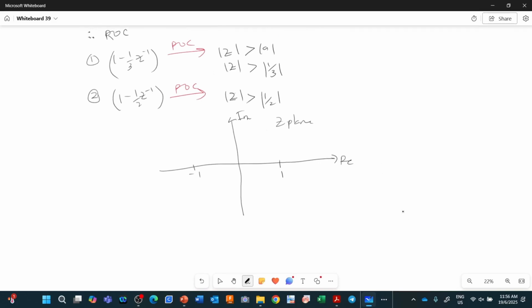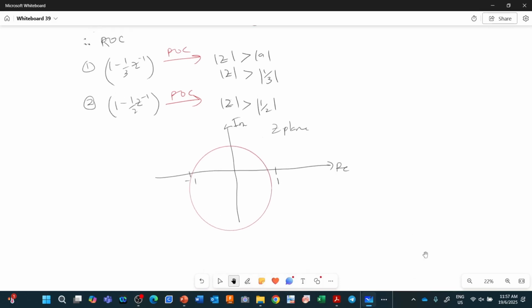The unit circle is offset a bit from the line I drew. Then you write out where you have 1 over 3.